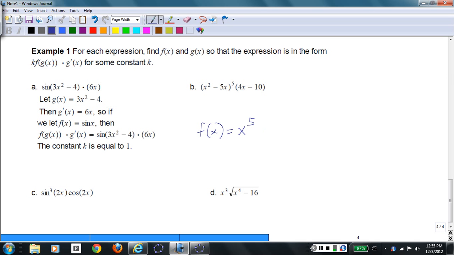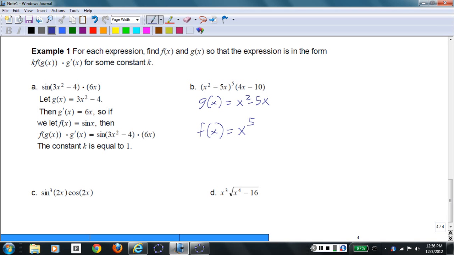If you want to raise something to the 5th power, you apply the function f, and that raises it to the 5th power. So it's this function composed with the inside function. What are we raising to the 5th power? x squared minus 5x. So it's the raise-to-the-5th-power function, x to the 5th, composed with the x squared minus 5x function. And then all that's missing is the derivative of the inside function. What's the derivative of x squared minus 5x?